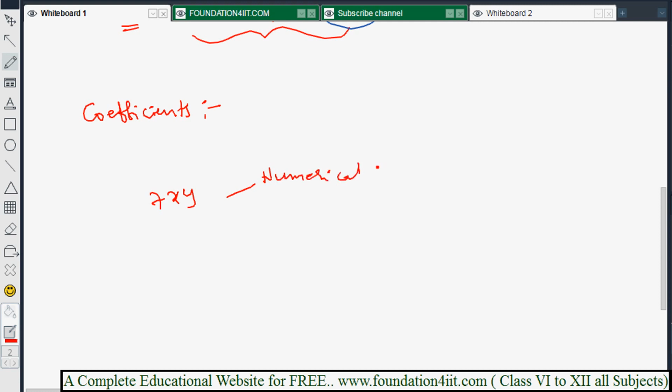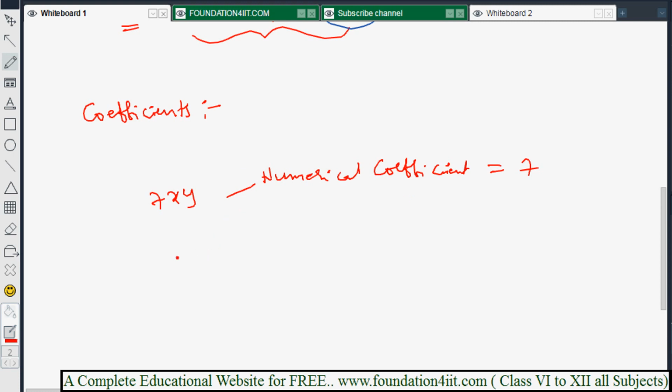Numerical coefficient means only the number, the constant. So in this term, a numerical factor attached to the variables is called the numerical coefficient.